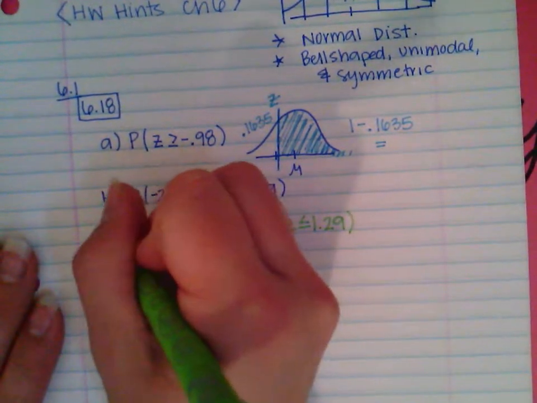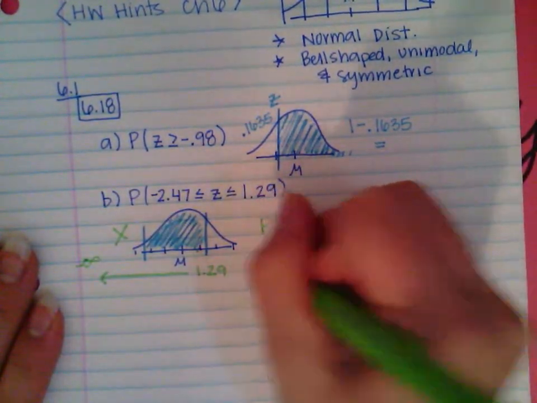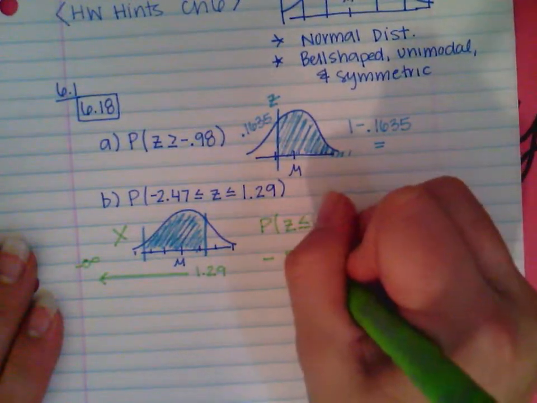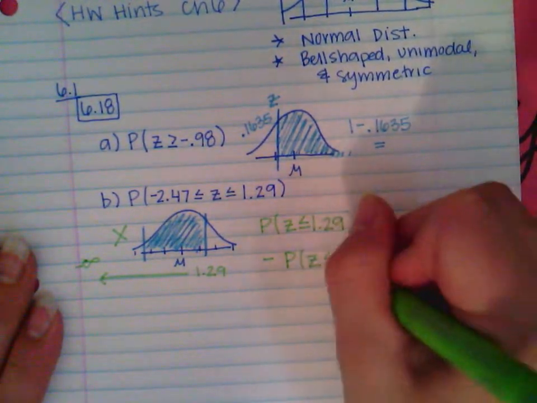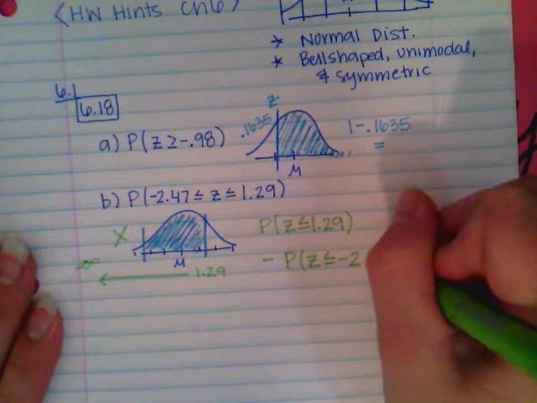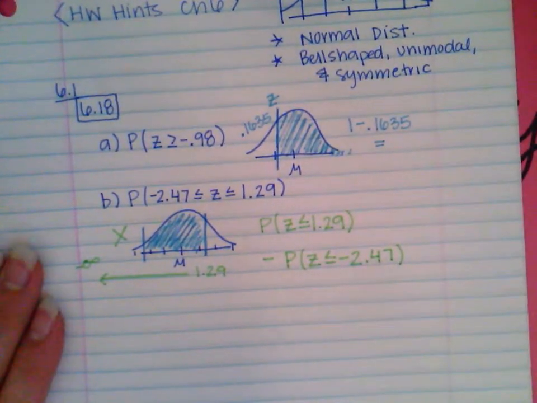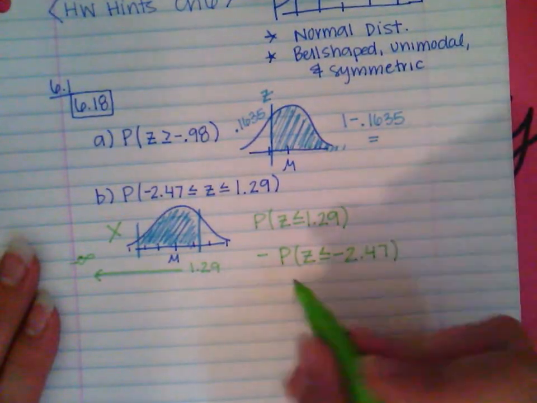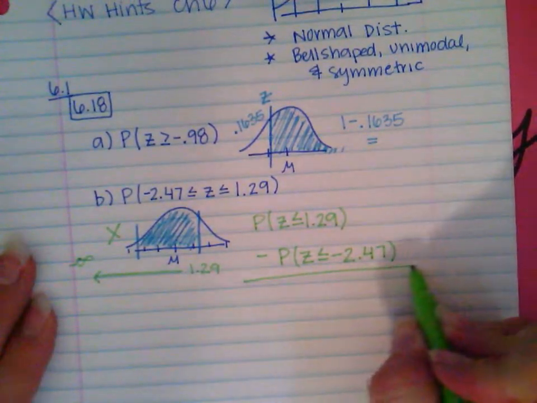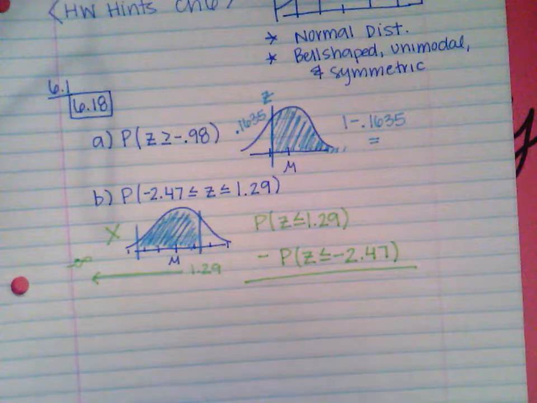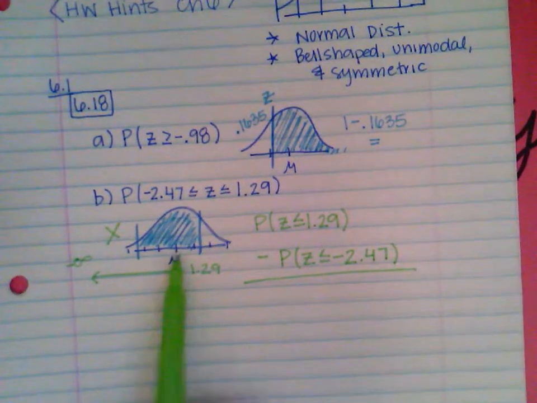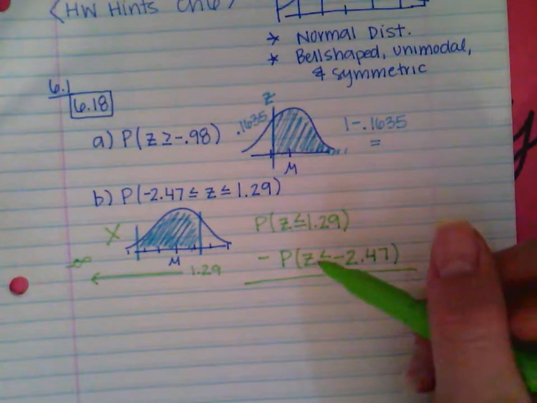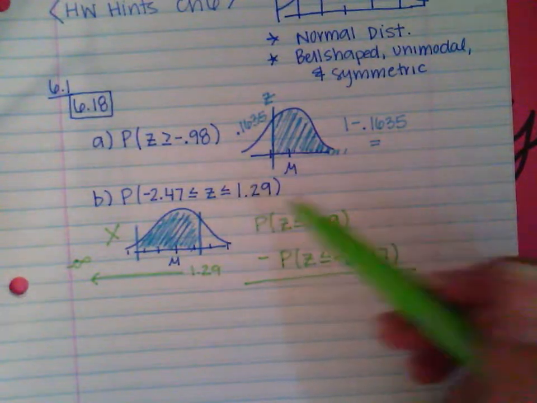But remember, I don't want this piece here, so I'm going to subtract out the probability that z is less than -2.47. You'll find these values in your chart, and then subtract the probabilities to find that middle probability that you want. If you're thinking that sign doesn't match right there, you're right.